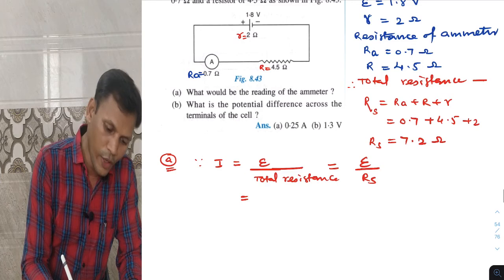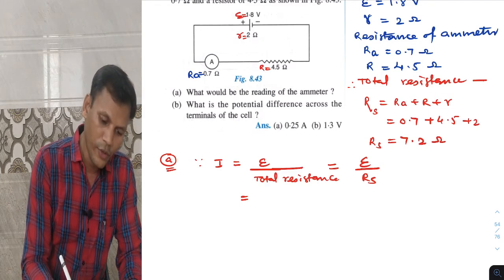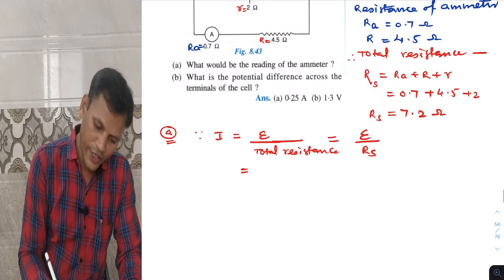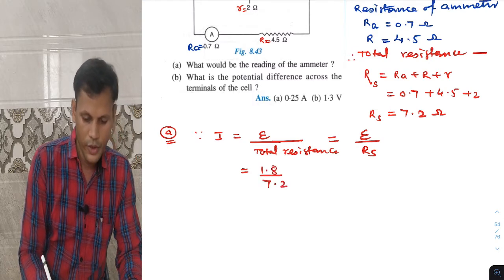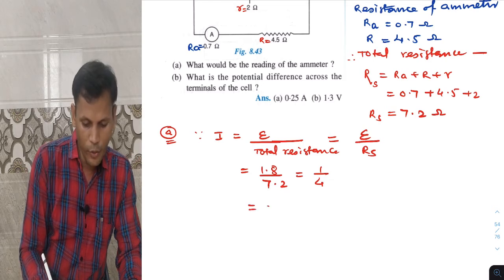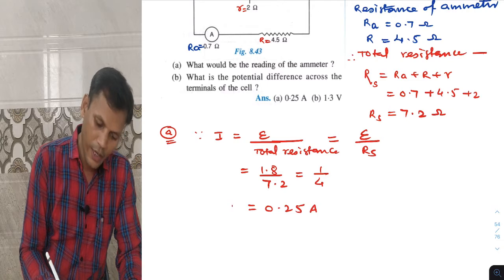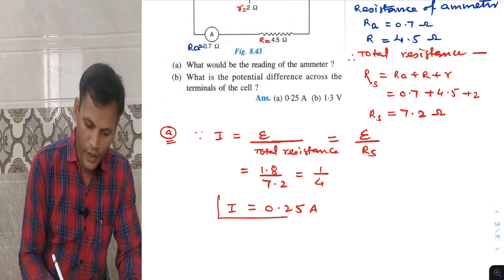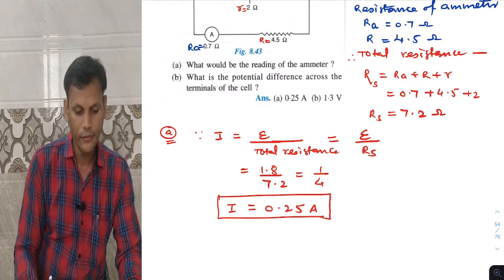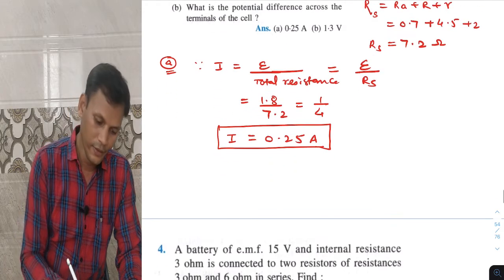EMF is 1.8 volt, so we can write 1.8 upon 7.2. 18 fours are 72, so it is 1 by 4, which is 0.25 ampere. So I becomes 0.25 ampere. Now it's the B part.